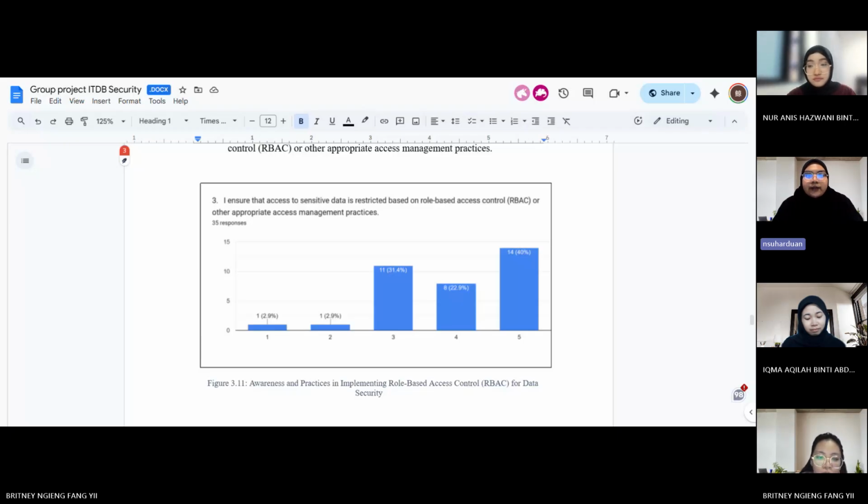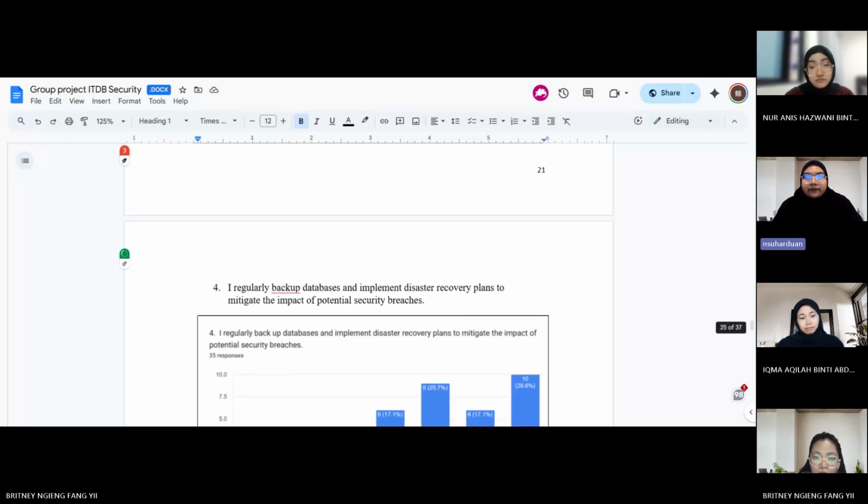Meanwhile, 31.4% chose neutral and a small number, 5.8%, combined disagree or strongly disagree. This result suggests that most respondents recognize the importance of access management, but the relatively high neutral responses indicate that RBAC may not be fully implemented or clearly understood by all participants.